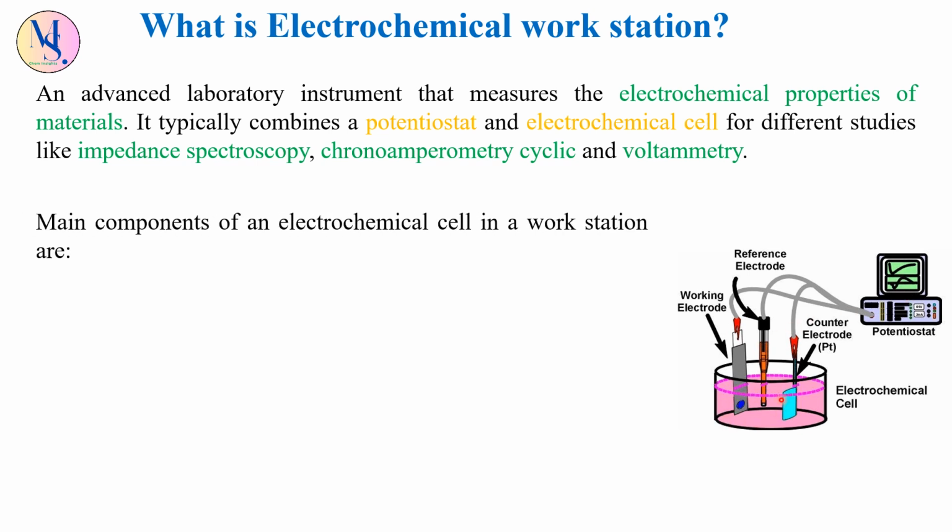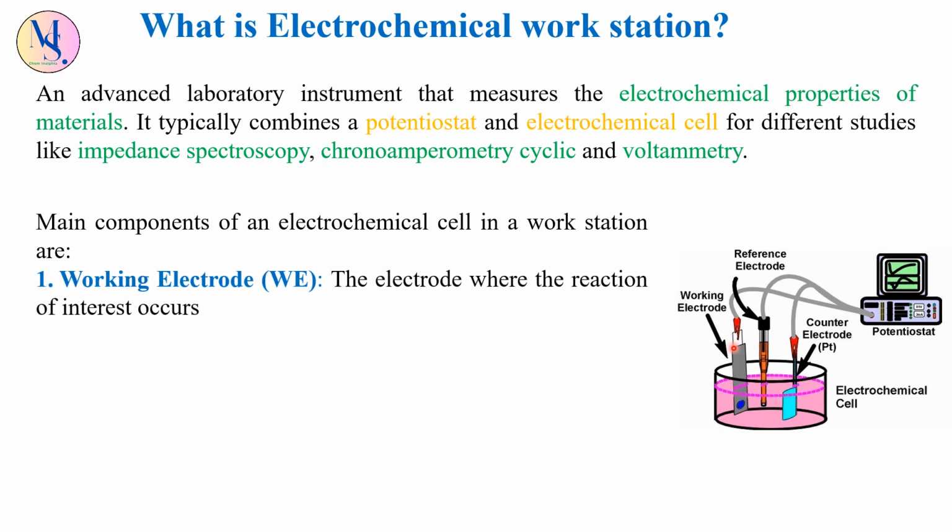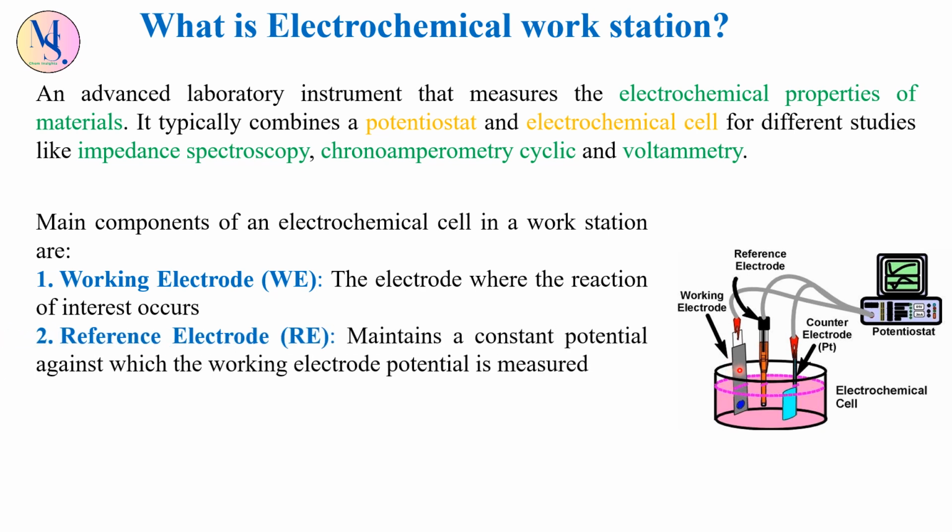The main components of electrochemical cell in the workstation are working electrode, which is actually the electrode where the reaction of interest occurs.